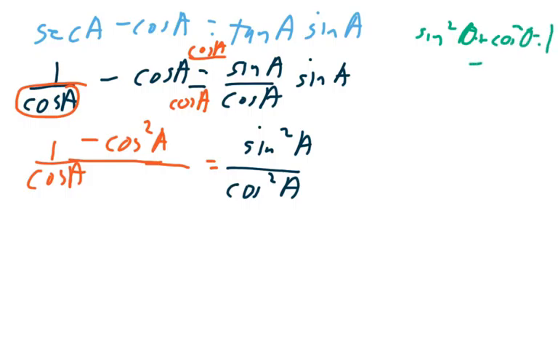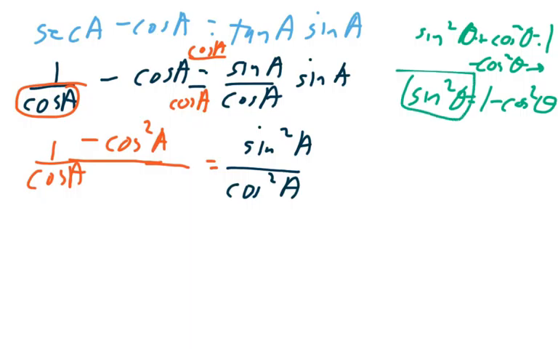And if I subtract cosine squared on both sides, sine squared theta equals 1 minus cosine squared theta, which means this can go right in here for 1 minus cosine squared A.